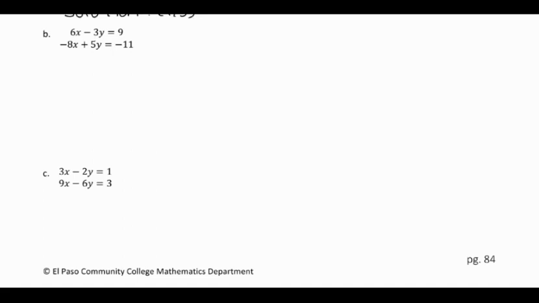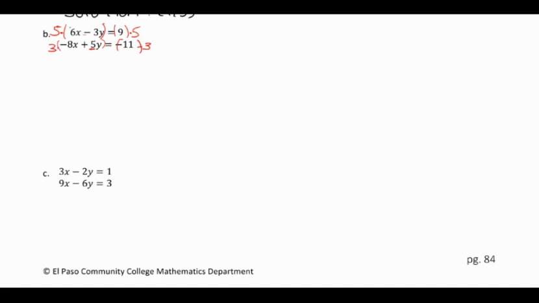So we're going to go ahead and try to cancel the y's. So we're going to multiply this first equation by 5. Y by 5, it came from here. And the second equation by 3. Y by 3, it came from the first equation, from the coefficient of y.